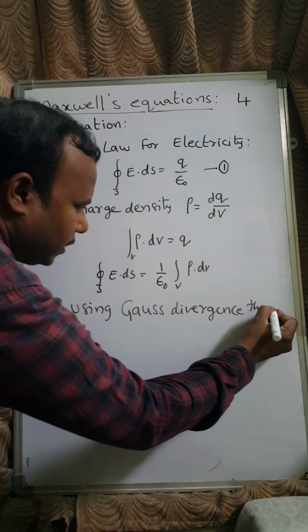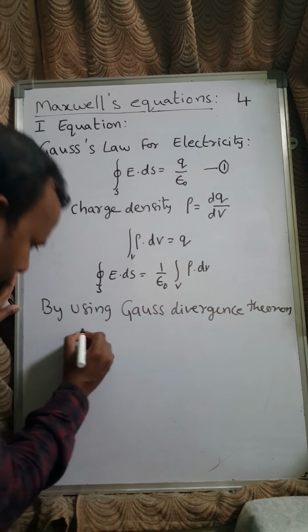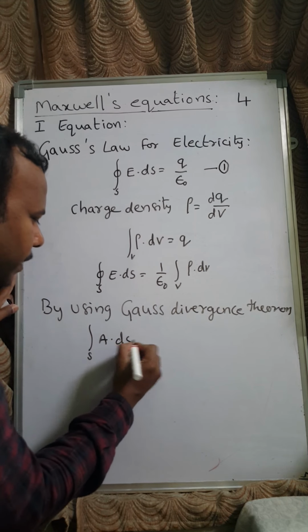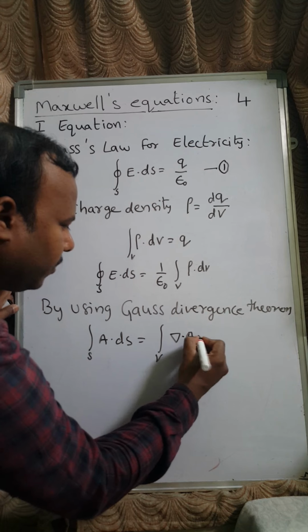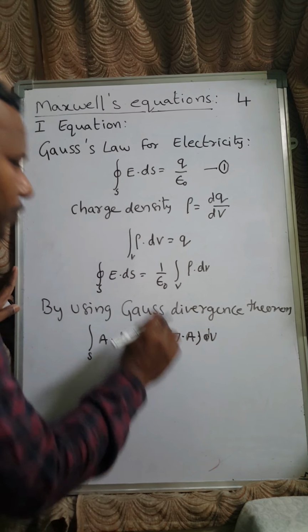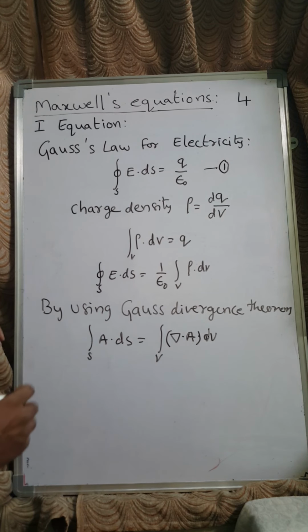Probably you might have studied this part in vector calculus, which is: surface integral A dot ds can be written as a volume integral of del dot A into dV. The same equation I am going to use, and replace E dot ds by del dot E into dV.